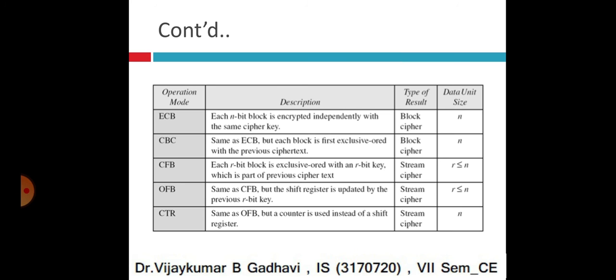Data unit size is less than or equal to N. Then OFB mode is the same as CFB, but the shift register is updated by the previous R-bit key. We get a stream cipher, with data size R less than or equal to N. Then CTR is the same as OFB, but a counter is used instead of a shift register. Result is a stream cipher and data unit size is N.